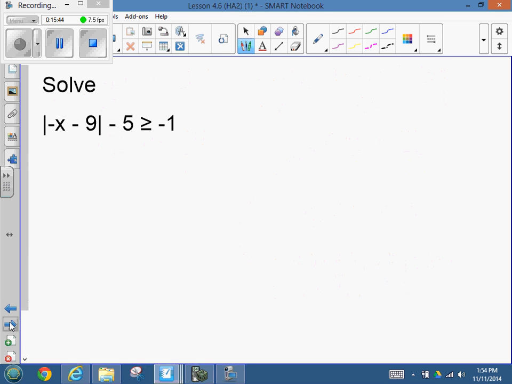The final problem I would like to review is what happens if we have a greater than symbol. These problems are what I like to call the greater or problems.